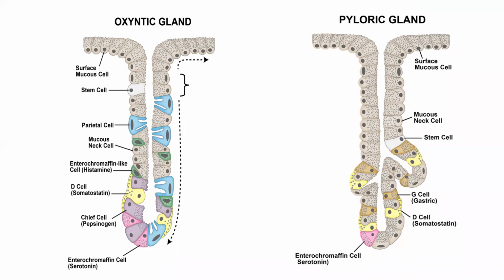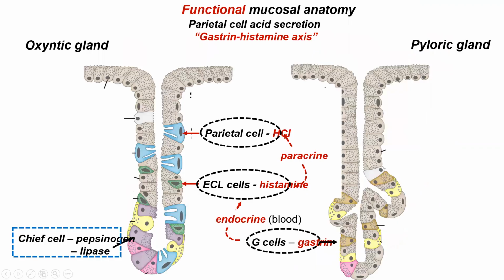I'm kind of confused. You said that gastrin basically acts as a regulator of the release of HCl. So basically what gastrin does is that it activates the ECL, and the ECL will release histamine, which activates the parietal cell.